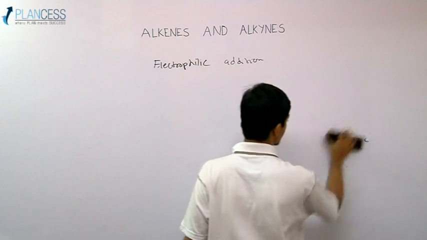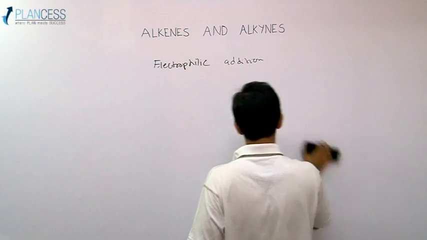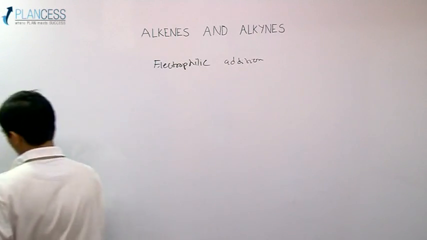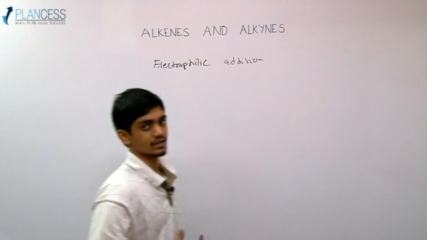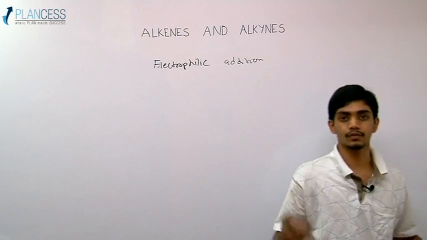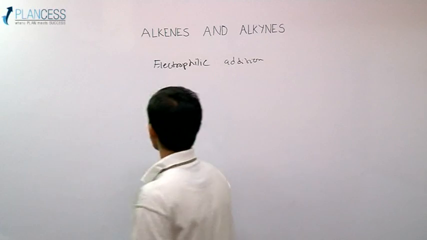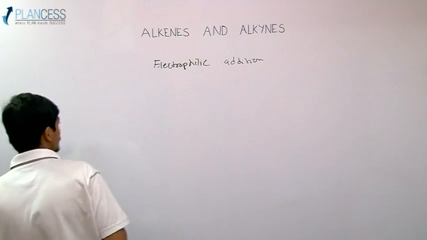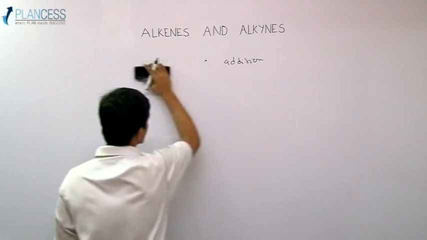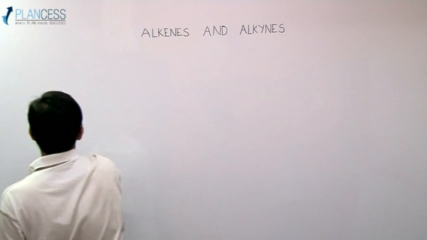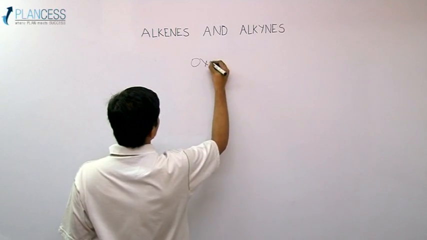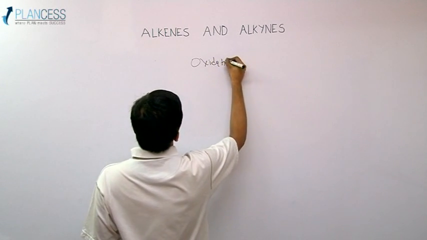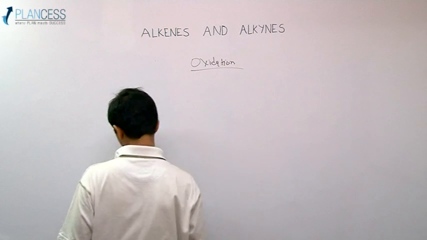One is with aqueous KMnO4, one is with very strong KMnO4. With very strong KMnO4, it just oxidizes completely, and with aqueous KMnO4, you get a dihydroxylated product. So it is no more electrophilic addition. We have oxidation of alkenes.